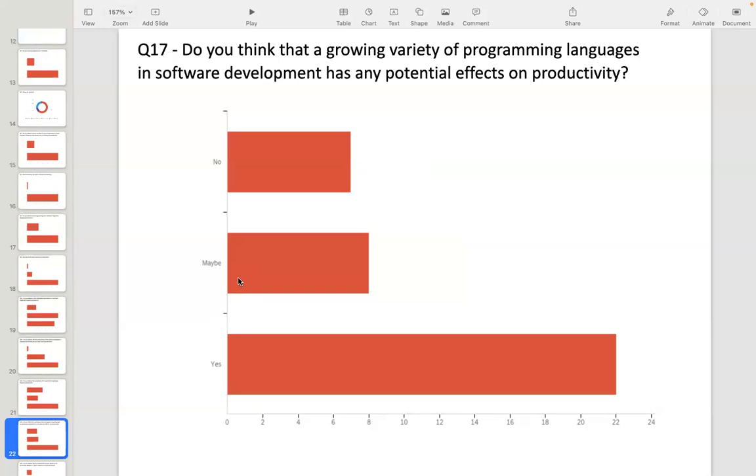This is something that is scary for us, because when we study Python and all of a sudden some new technology comes into place and Python is replaced, it becomes difficult for a developer to change a language overnight. So we were expecting people to give 100% yes, but there are still some people who said no and maybe, and we are assuming that this could also be because of the number of years of experience.